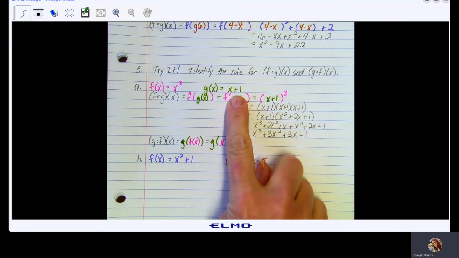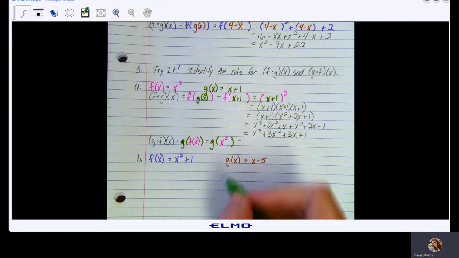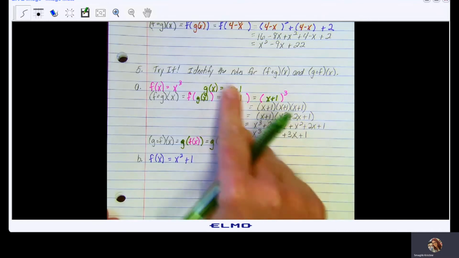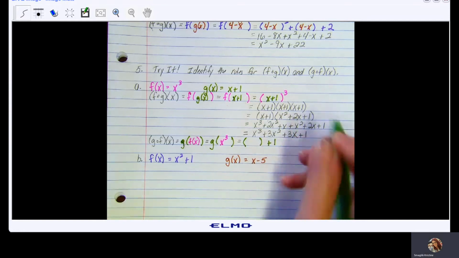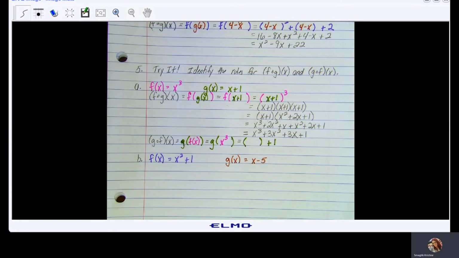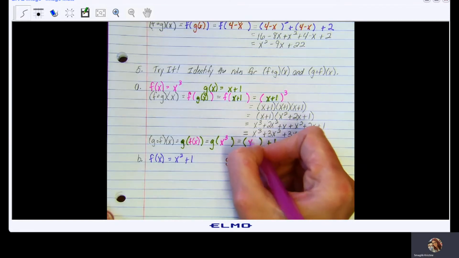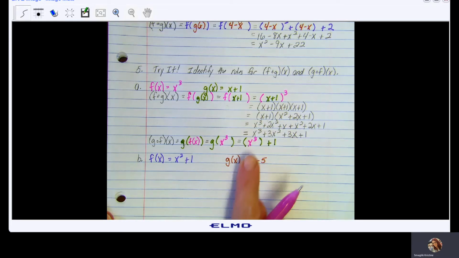So g of x is x plus 1. So again, I'm just going to leave a space wherever I have an x, and I'm going to input f of x in there, which is x to the third power.